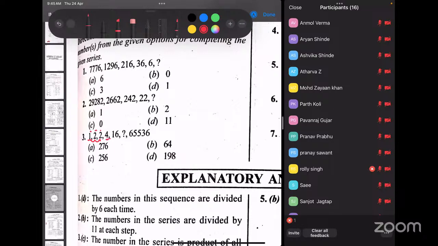Then 1 into 2 into 2 into 4 will be 16. Yes or no? According to this series, it must be 1 into 2 into 2 into 4 into 16, which means 16 into 16, that is 256. Right? So answer will be 256.